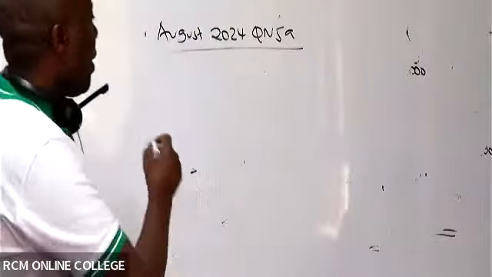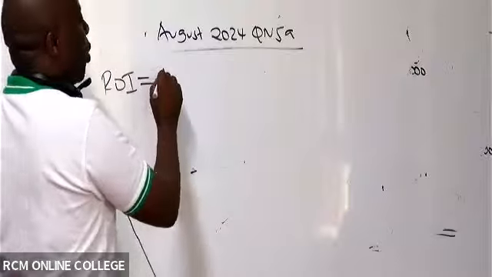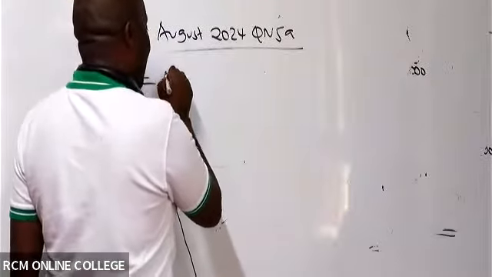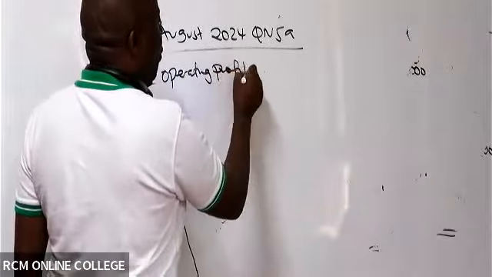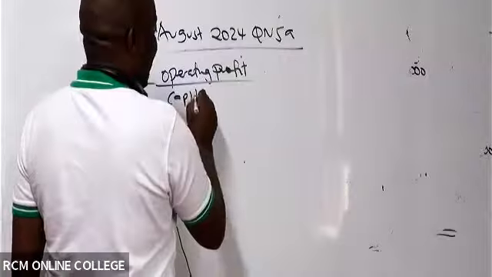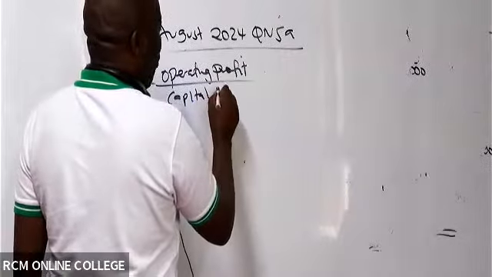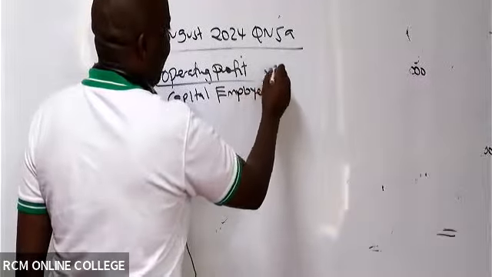ROI. For us to get ROI, we normally take, in this case, preferably operating profit. Whenever you have many profits, always work with operating profit. So operating profit over capital employed, times 100.